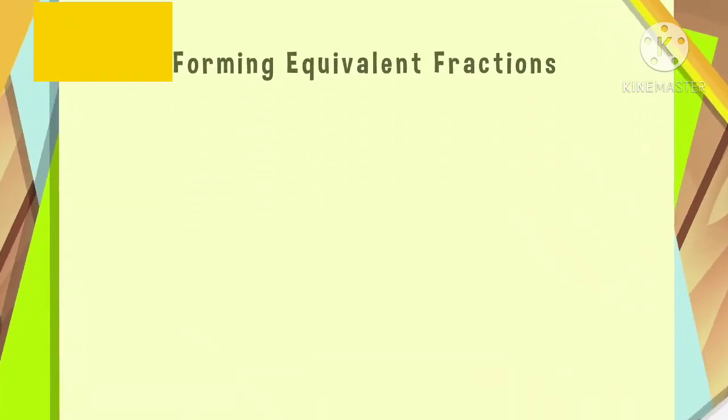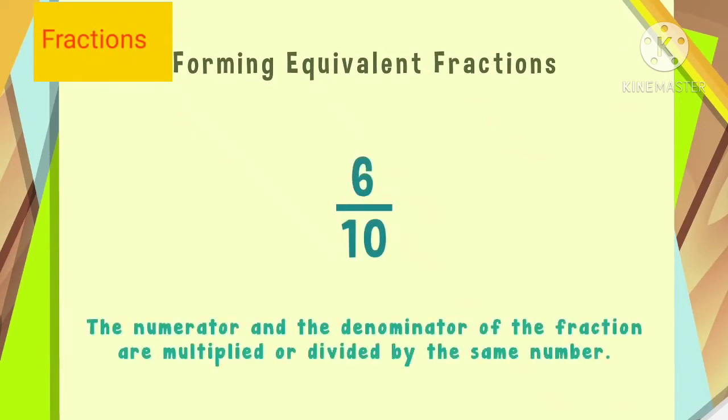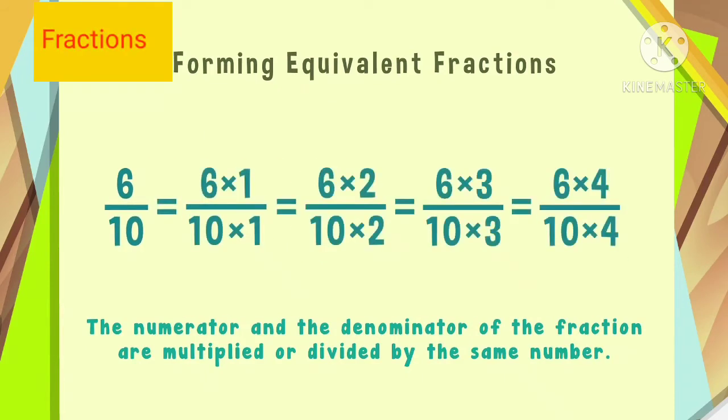To form equivalent fractions of a given fraction, the numerator and the denominator are multiplied or divided by the same number. By multiplying or dividing the numerator and the denominator of a fraction by the same number, except 0, its value does not change.